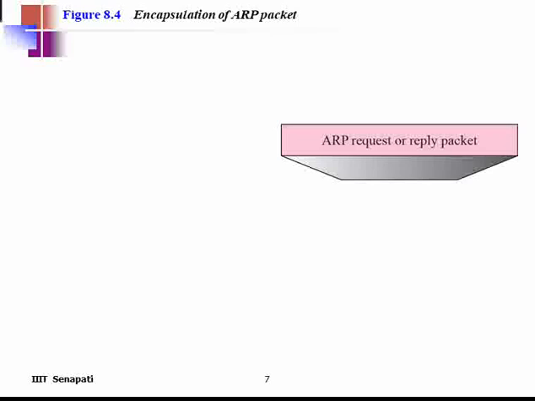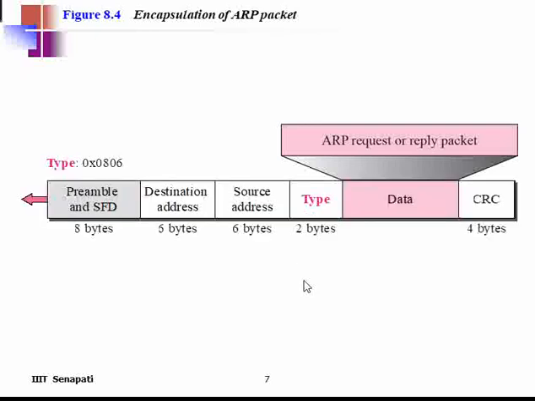Suppose this is your ARP request or reply packet. So what are we going to do? It will be encapsulated in this data link layer frame. I should say if it already is Ethernet, then an Ethernet frame. So you can understand the format of your frame.